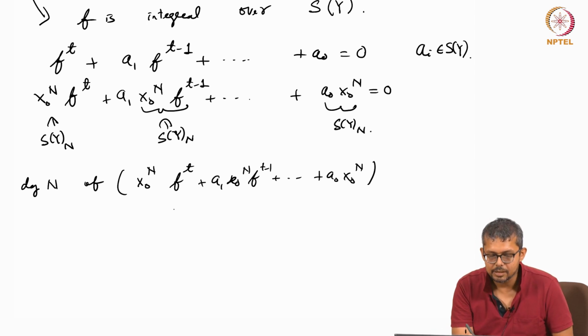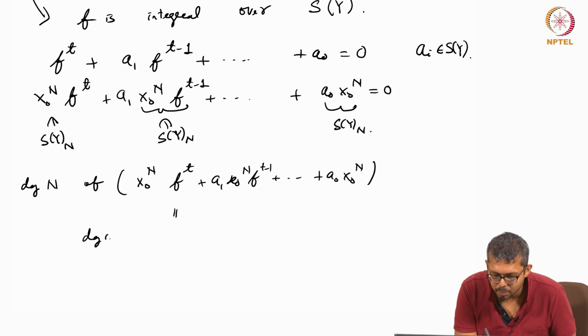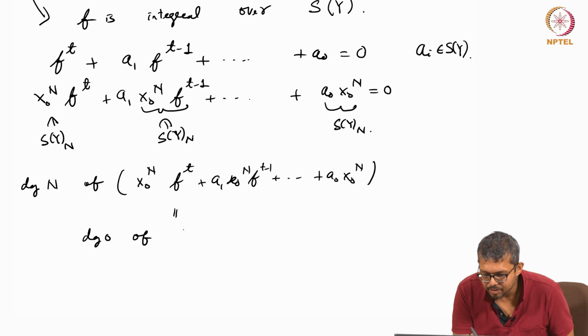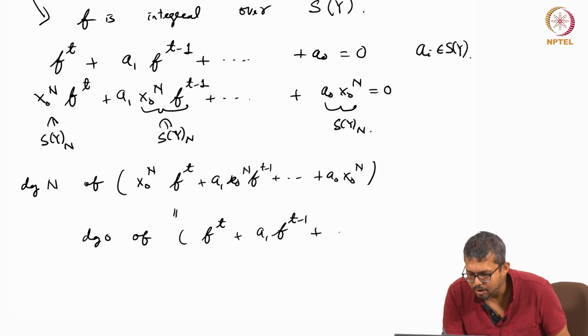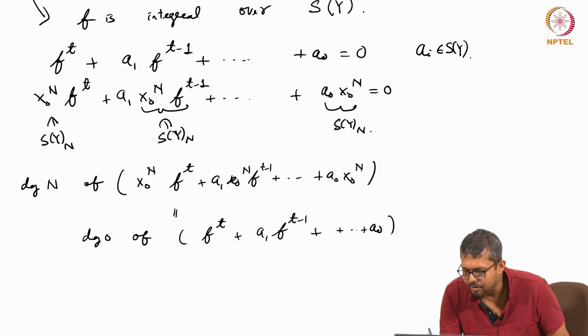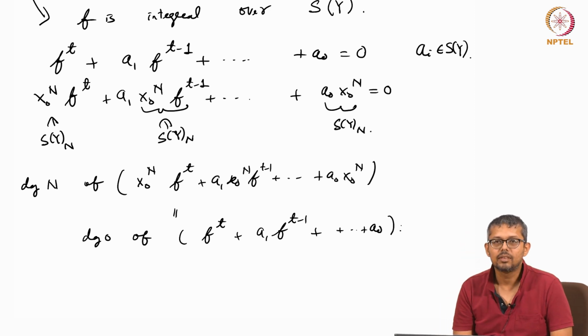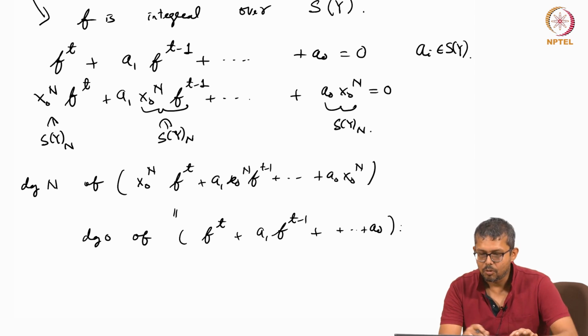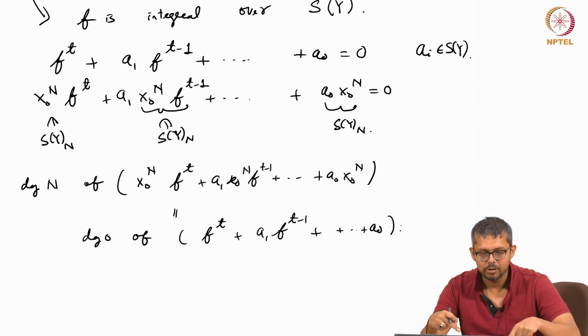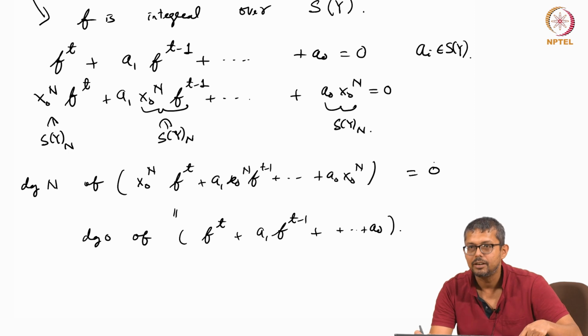But what is this? This degree n part is nothing but the degree 0 part of f power t plus a1 f power t minus 1 plus a naught. But the whole thing is 0. So the degree n part should also be 0, right?